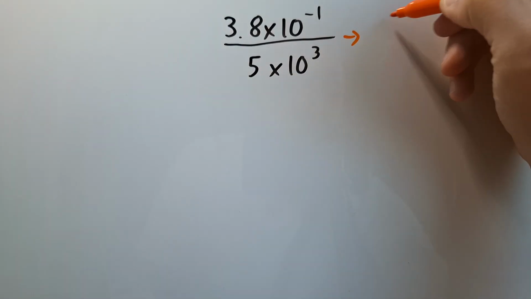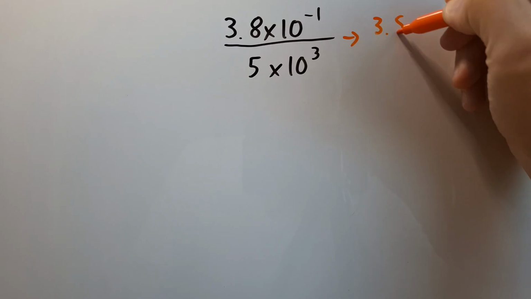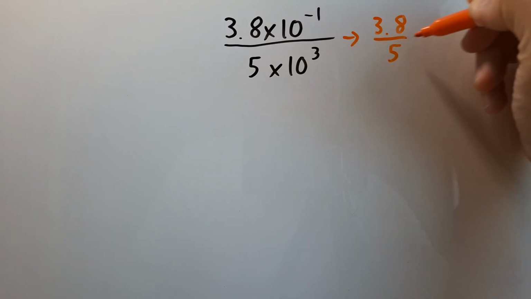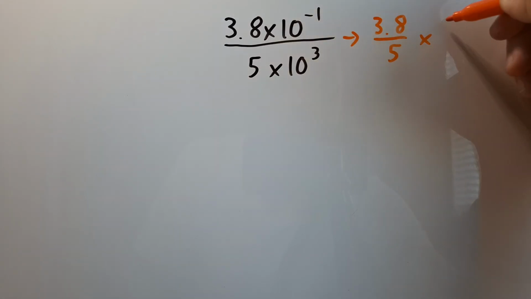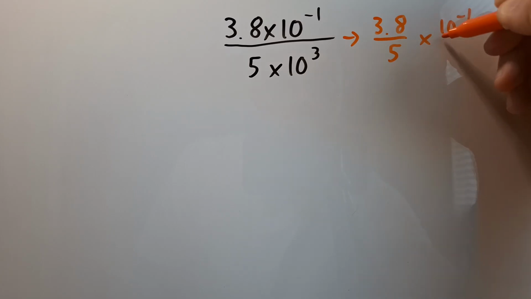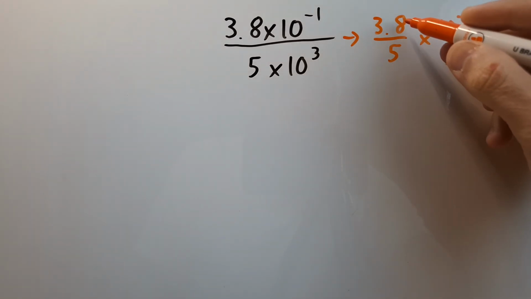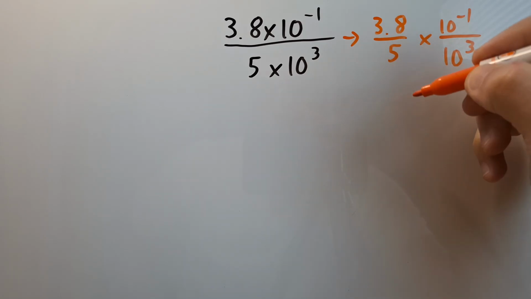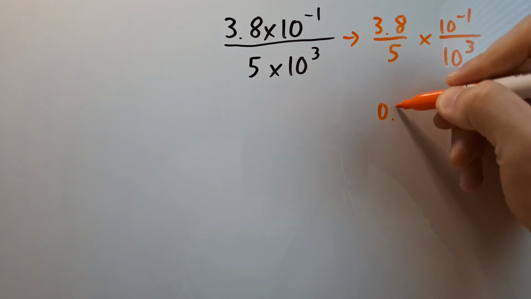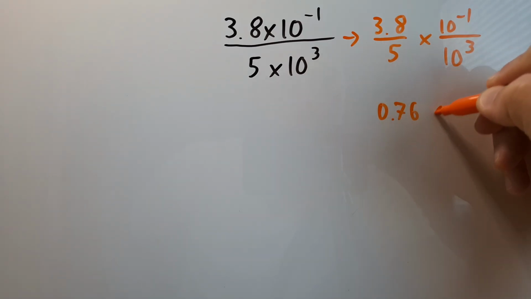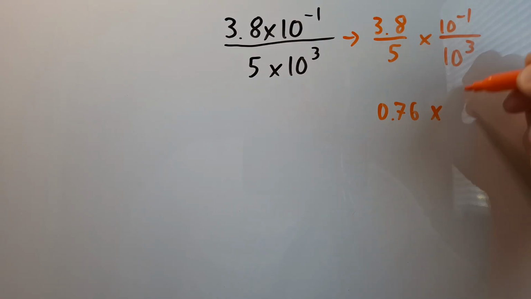Group the numbers together first, and then the powers of 10 next. 3.8 divided by 5 gives you 0.76. -1 minus 3 gives you -4.